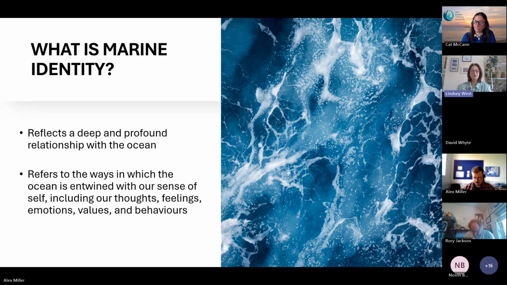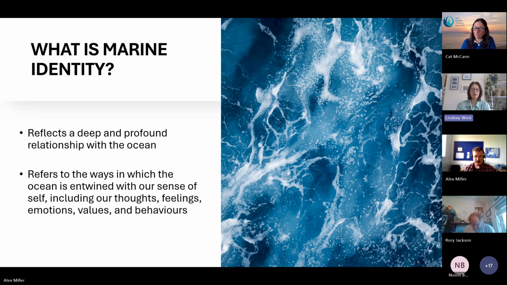So therefore, the ocean affects the way that they think about the world, as well as the way they think about themselves. So in this sense, we can understand marine identity as related to the concept of connections with the ocean. We see a lot in the literature about human-ocean connections. But here I want to argue that marine identity is much deeper and more profound than ocean connections.